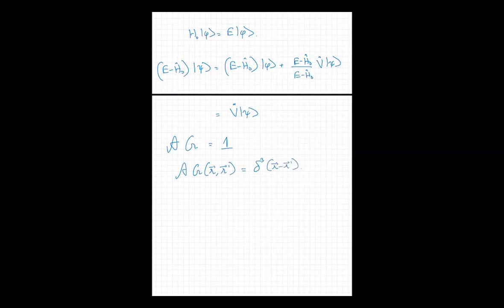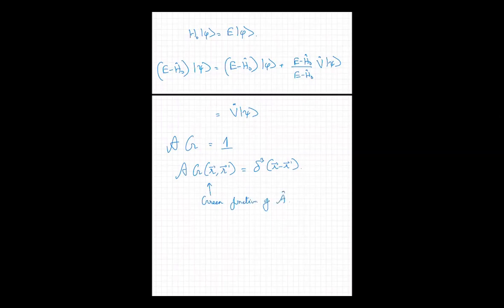Okay, so this is the coordinate space representation of the abstract equation written above. This G that I have to find in order to determine the inverse of an operator is called the Green function of that operator. So this is the Green function of operator A.